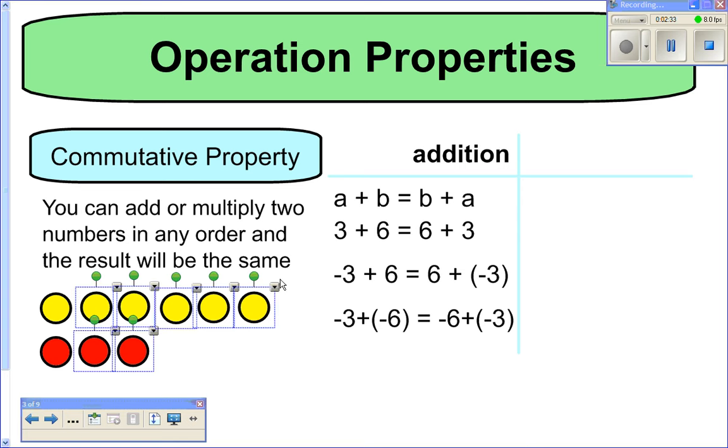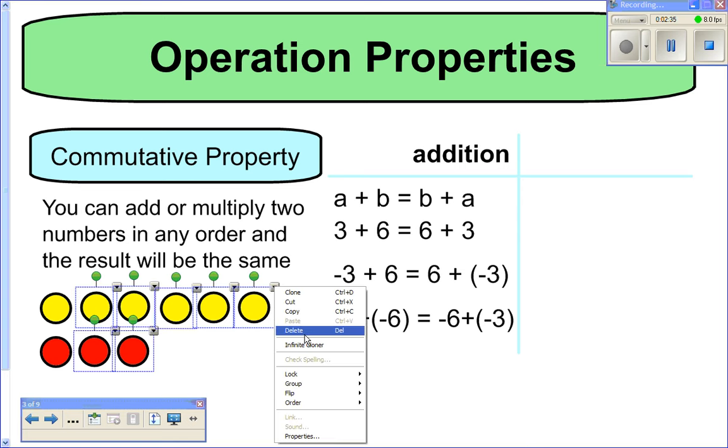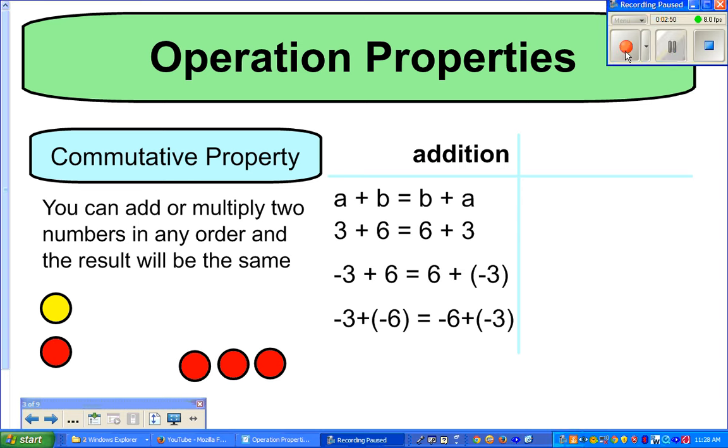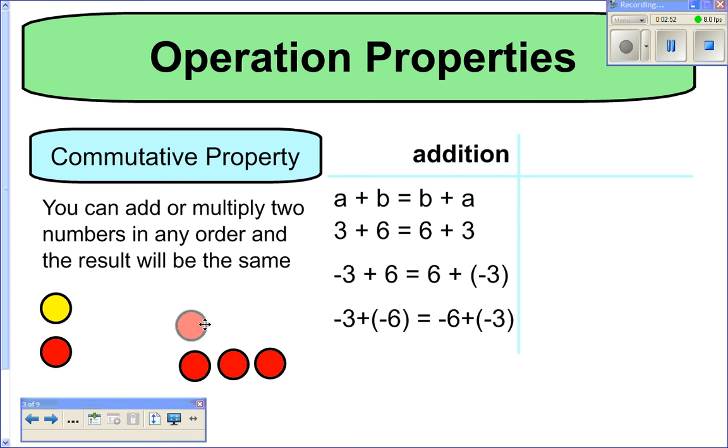What if we have 2 negative numbers? In this case, negative 3, and we add 6 negatives.